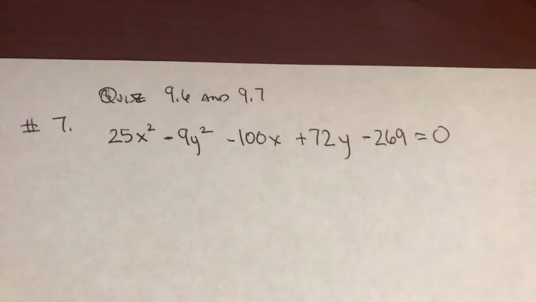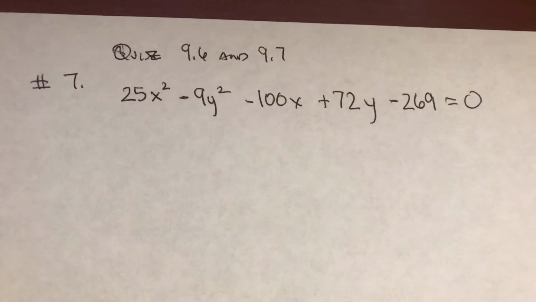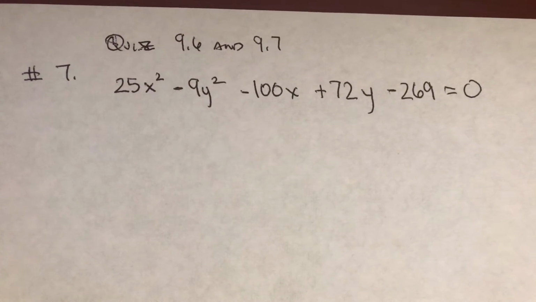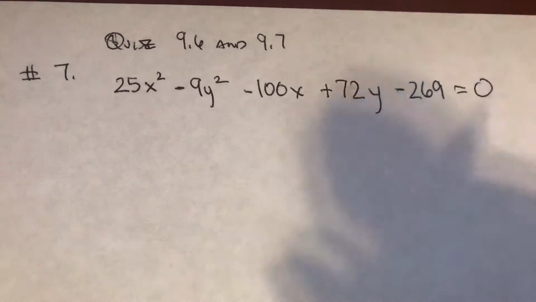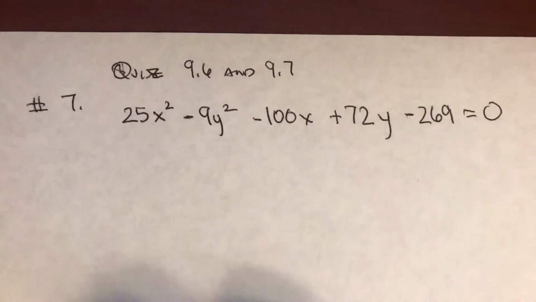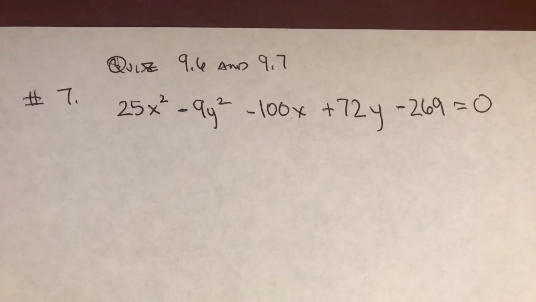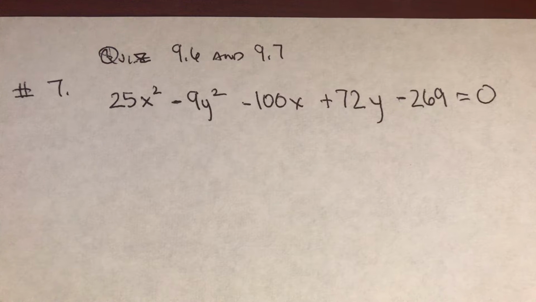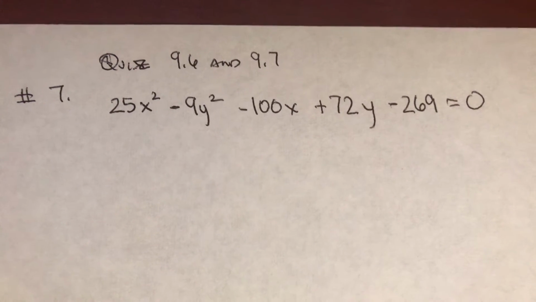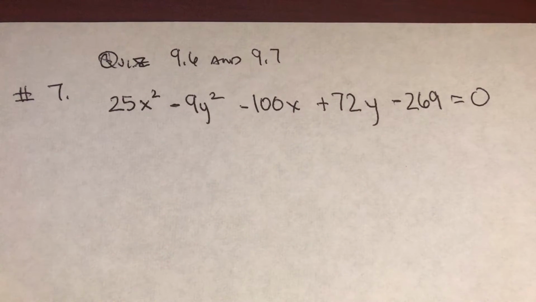All right, here's our question. It's a word problem, but it gives you this equation, and it wants you to write this equation in standard form. So this is the way the question starts out. If we're writing it in standard form, the first thing we want to do is get our like variables together.